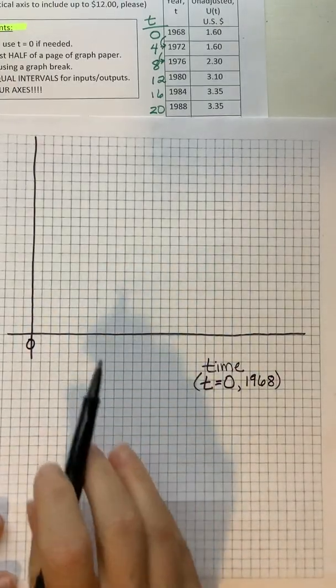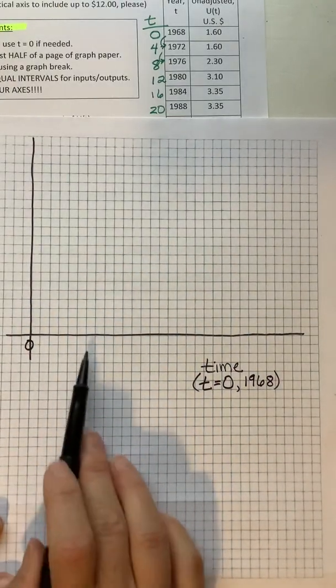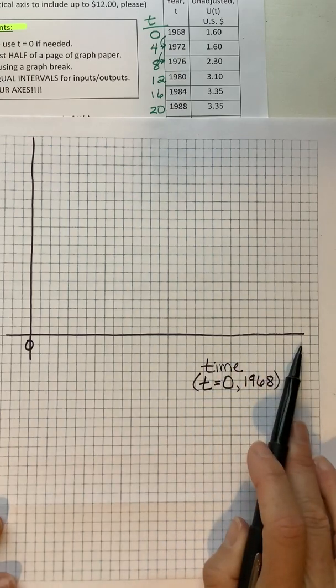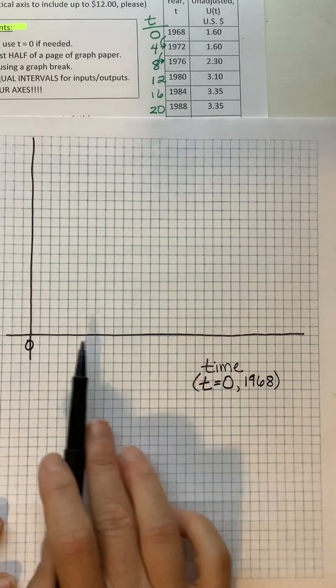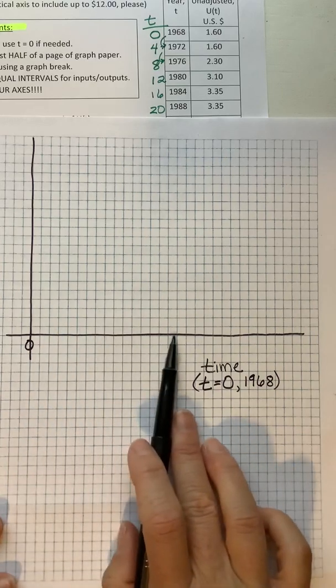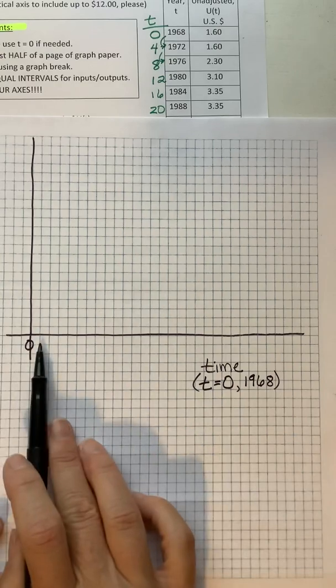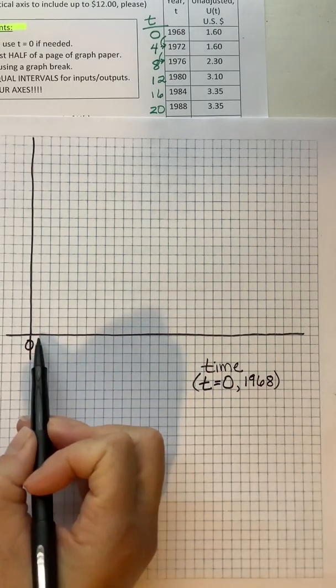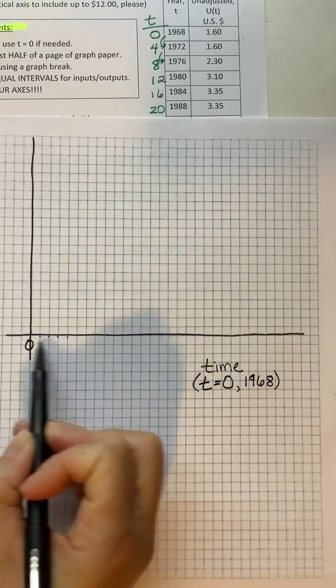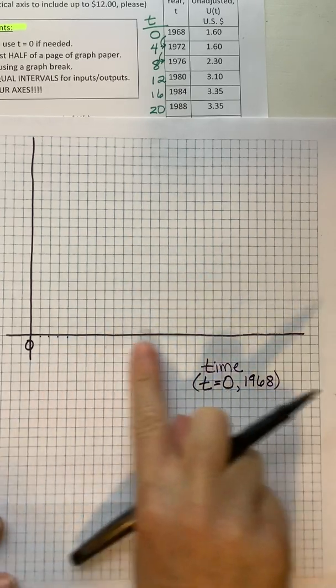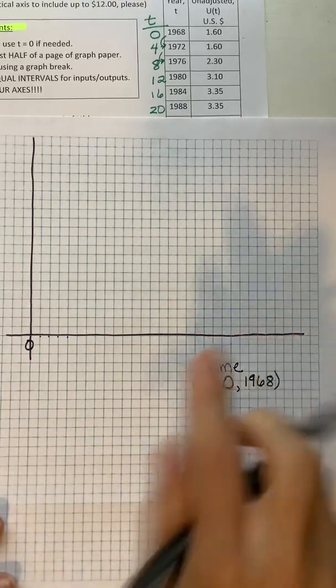I'm going to start at 0. So if I need to get out to 48, there's no way I can go by ones, I don't think. And I need to make sure that I get at least halfway or more when I spread these all out. So I also don't want to go by tens. If I went by tens, 10, 20, 30, 40, this would be the tiniest graph ever. So I need to spread it out more than half of the graph.